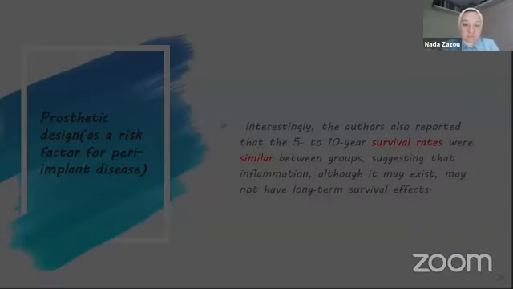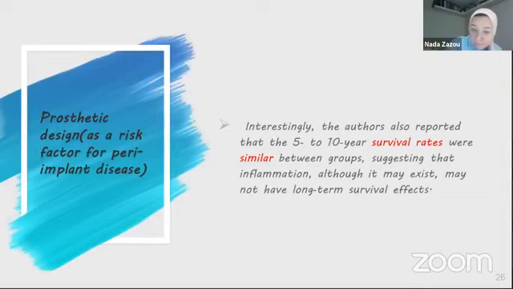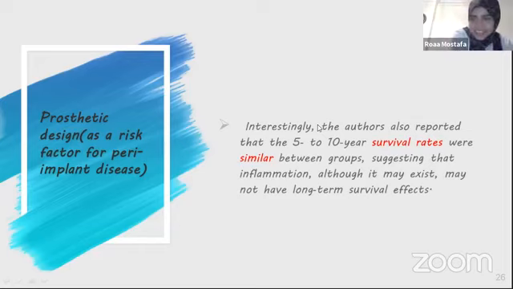You know, the survival rate is similar. There is more gingivitis or inflammation of the mucosa than actual inflammation leading to the loss of the implants.